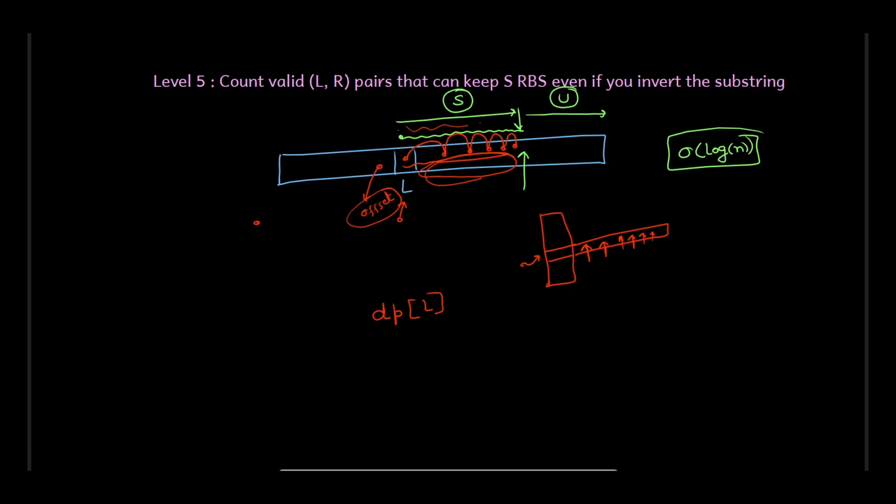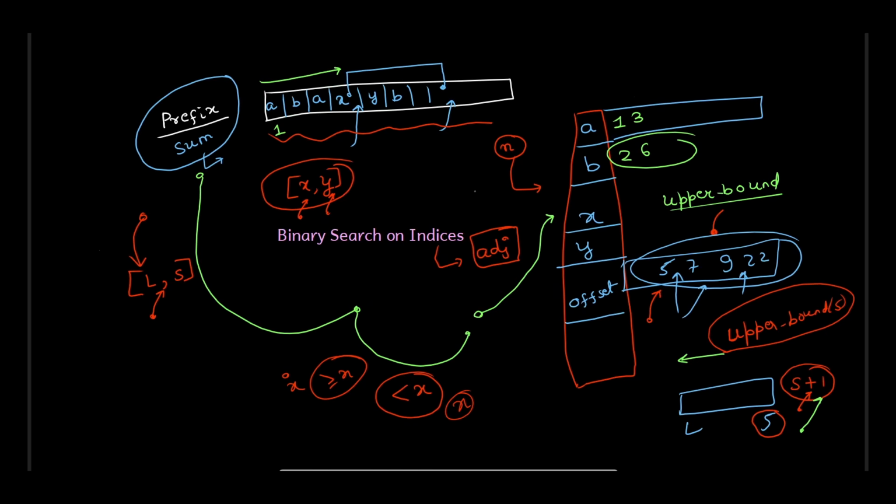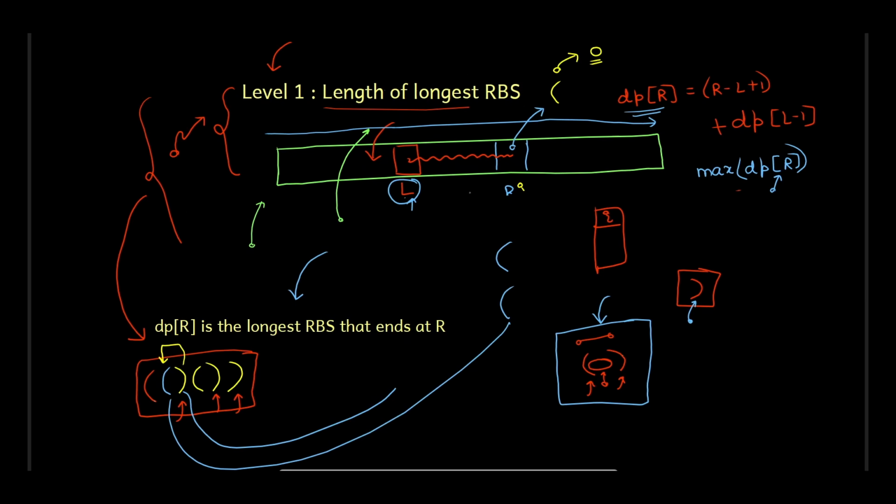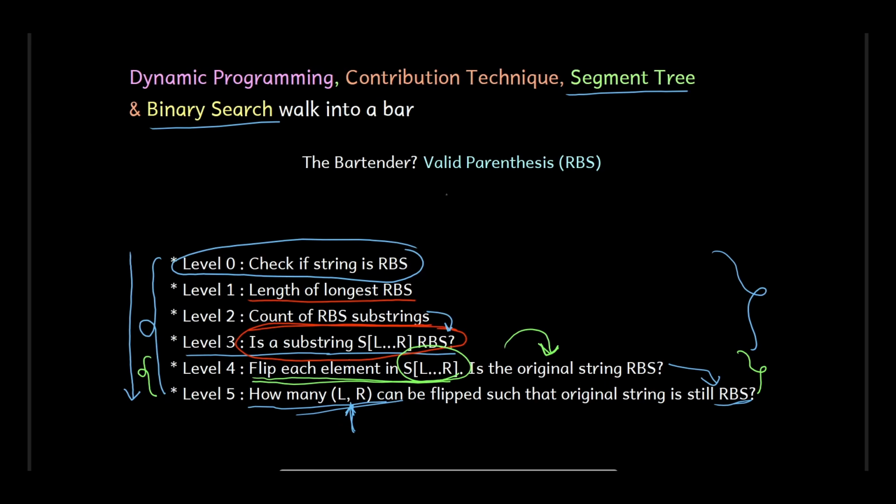And that's how you can compute each dp of L in log n, and overall time complexity becomes O of N log n. So you see, with the knowledge of data structures, binary search, segment tree, contribution technique, dynamic programming, and stack, all of these problems become very trivial.